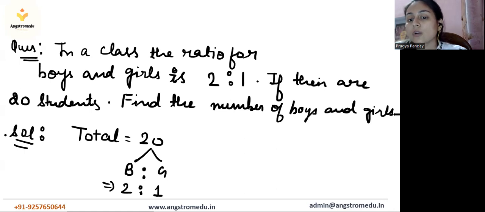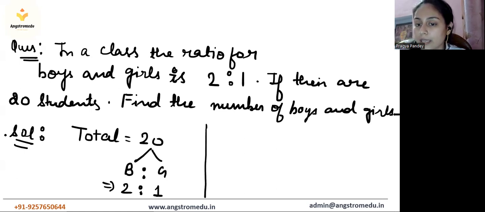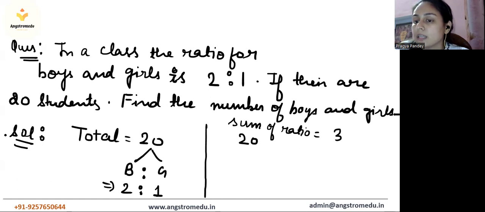First, I have to find the sum of ratio. Sum of ratio means we just have to add the numbers which are there in the ratio. So the sum of ratio will be 2 plus 1, that is 3.